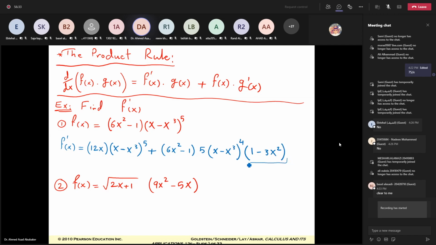So this is the derivative of the second and this is the derivative of the first. Okay.